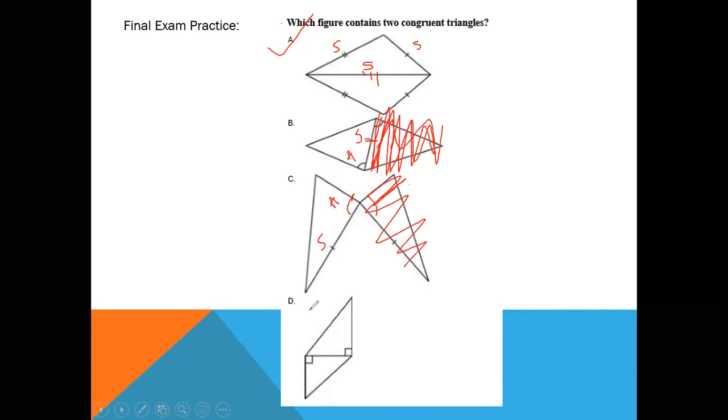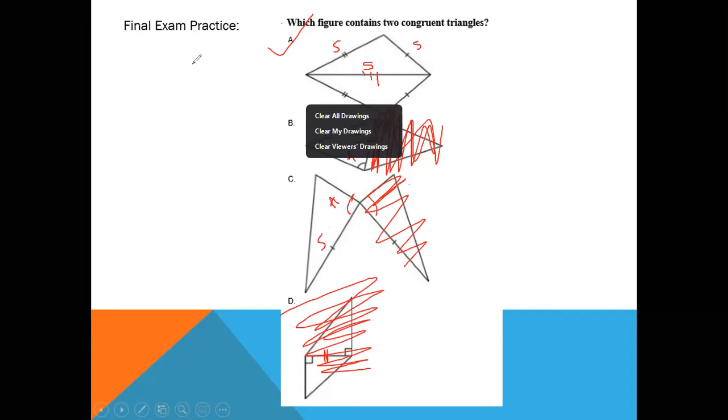All right, and the last one, D. I do have a right triangle, and I am allowed to mark this leg right here. But have they put any markings on the hypotenuses? No. They did not mark it. They have to mark it. So your answer was just A on this one.